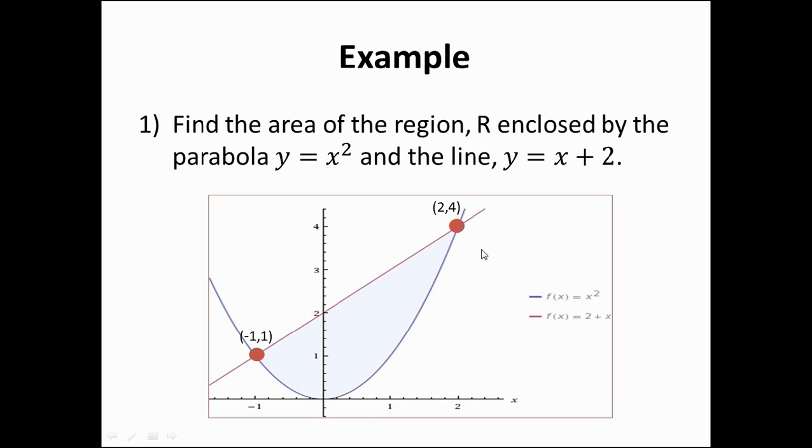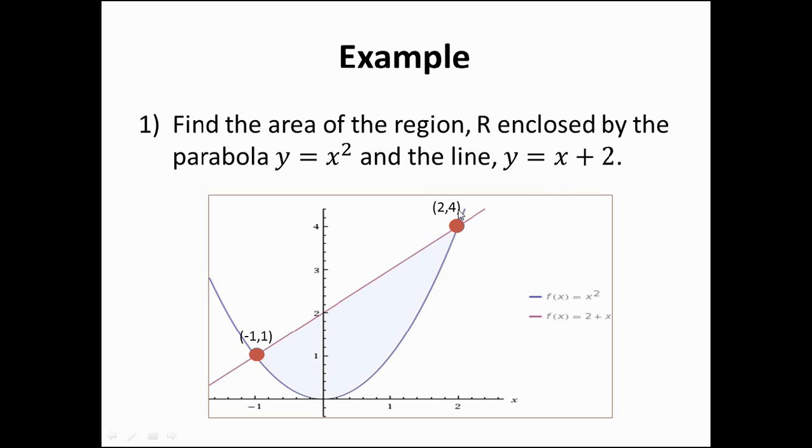The limits for our x will be in terms of y. If we change this equation in terms of y, we get x equal to plus minus square root y, and for this we get x equal to y minus 2.